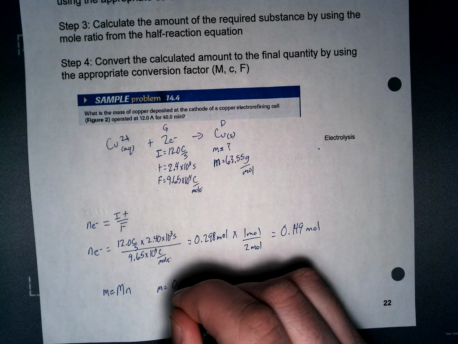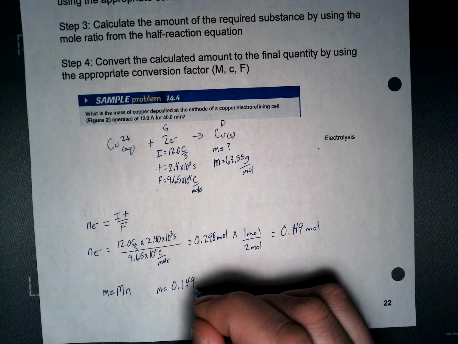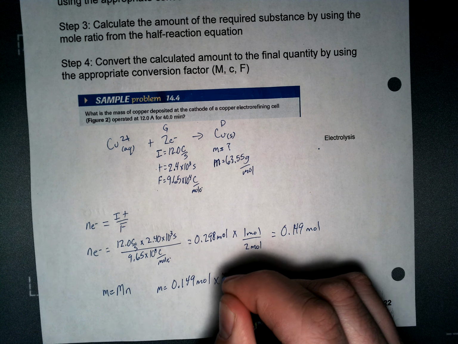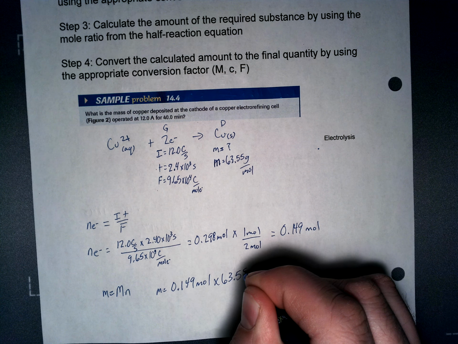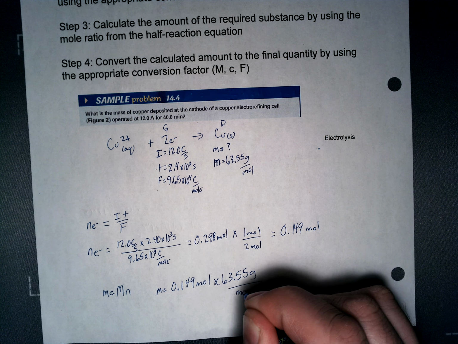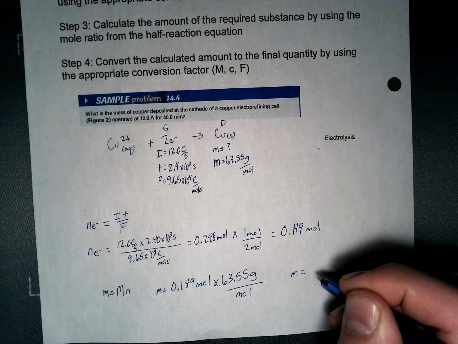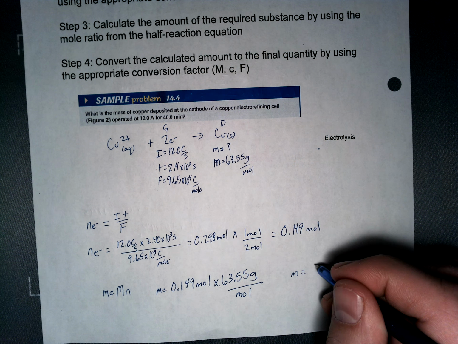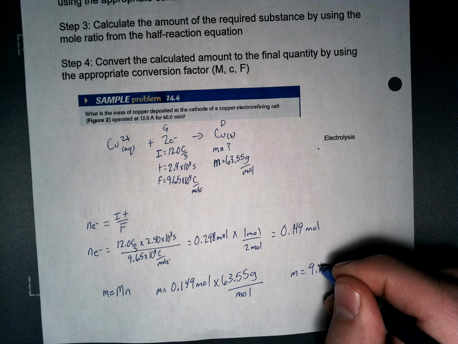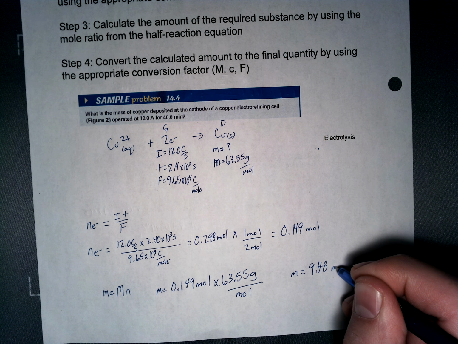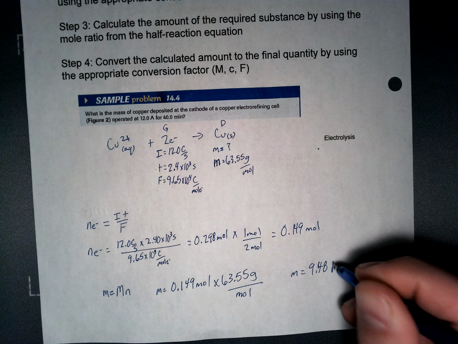So 0.149 moles times 63.55 grams per mole. And so our mass is 9.48 grams.